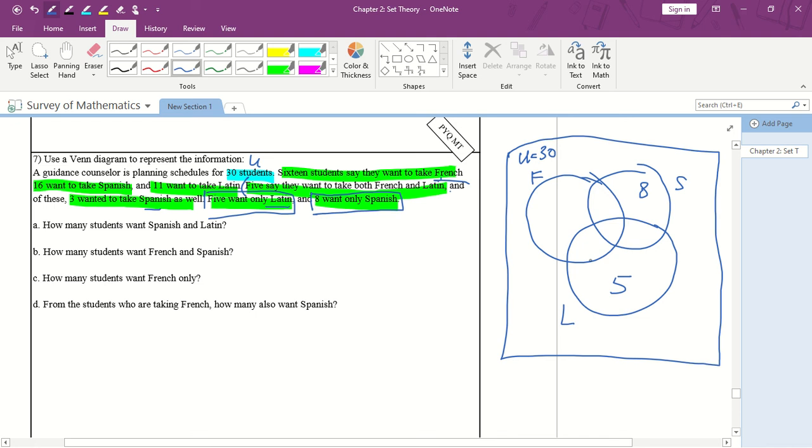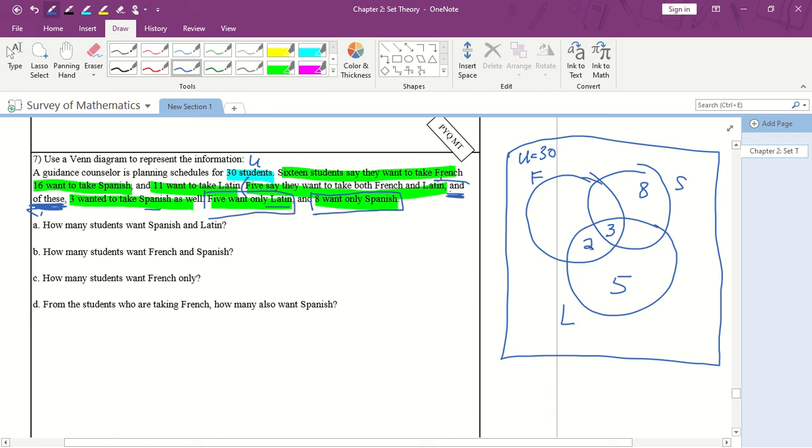In this region there's 5. And of this, 3 want to take Spanish as well. So this region is 5, and there's 3 that want to take Spanish as well. So 5 is in this here, and there's 2 here.